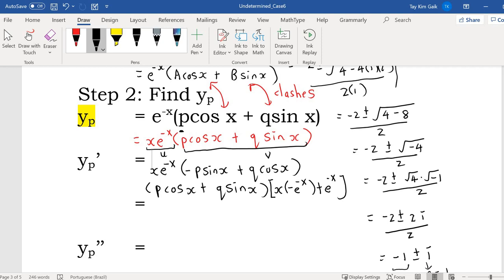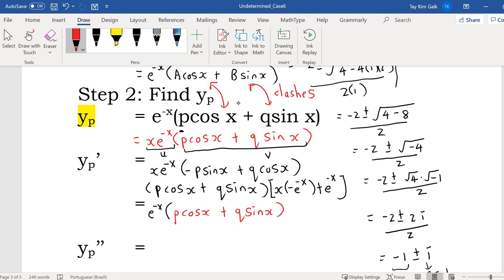I may collect the terms for e^(-x). So for e^(-x), I have here e^(-x) only, I don't want the x times e^(-x), I just want e^(-x). So all this thing times e^(-x), I got p cos x plus q sin x. Okay, this is for e^(-x).